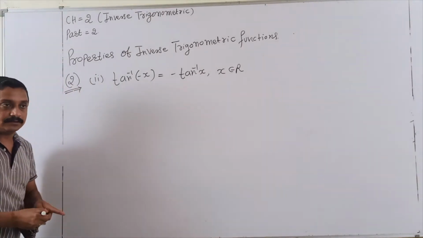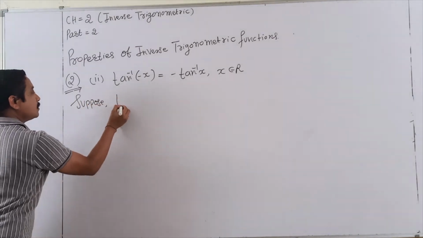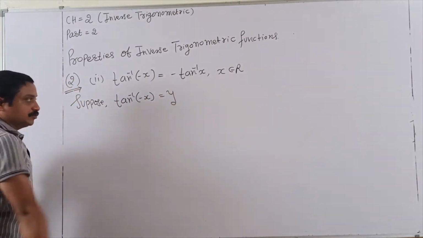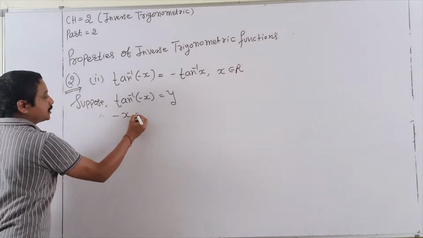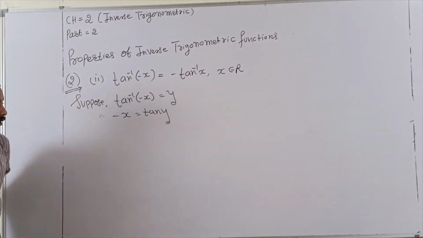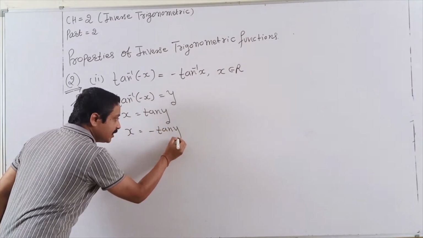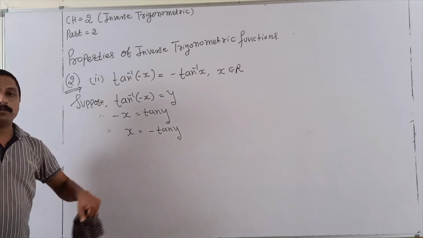Suppose tan inverse of minus x is equal to y. It means minus x is equal to tan y. Now what is x? Yes, it is minus tan y. So x is equal to minus tan y.